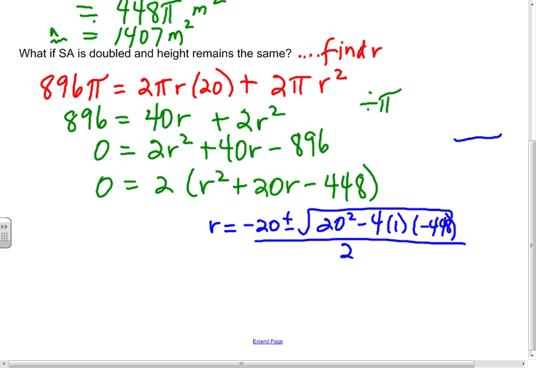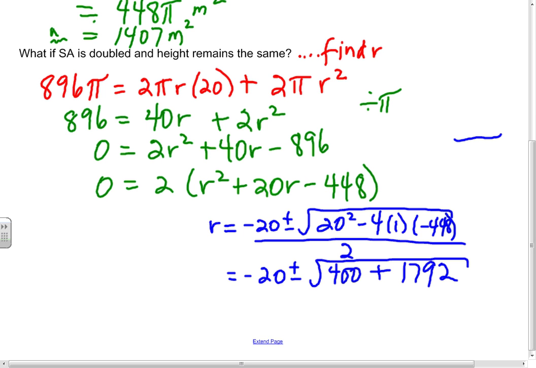So r is minus 20 plus or minus square root of, and this one's going to be big, 20 squared is 400. I do my signs always first. Take away positive times negative is going to end up being a positive, and 4 times 448 is 1,792 over 2.